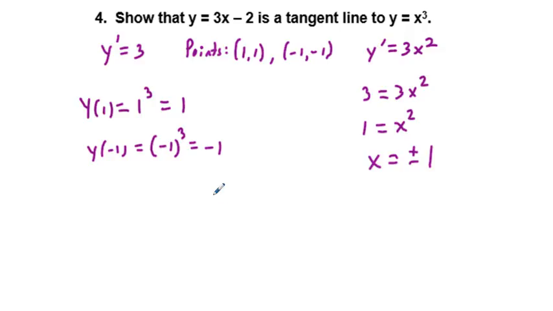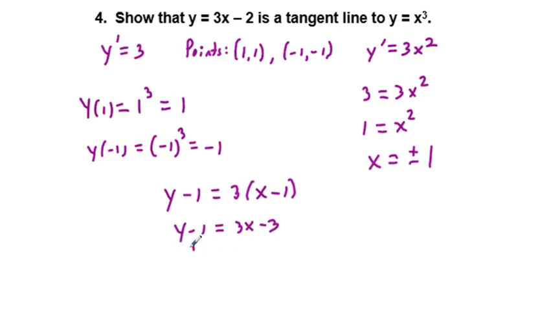Well, we know the slope is 3, so for the first one, we say y minus y sub 1, which is this one here, equals 3 times x minus x sub 1. And for that, we have y minus 1 equals 3x minus 3.